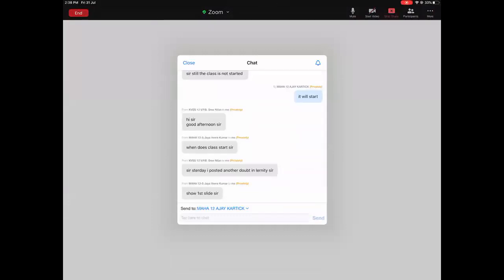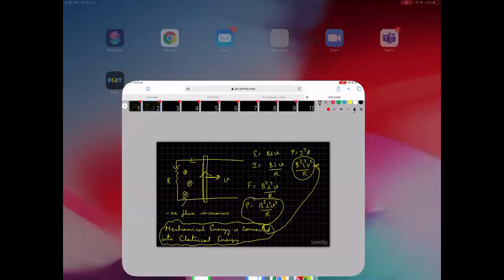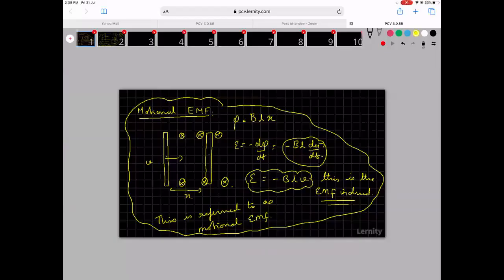Okay, I will see. Here, motional EMF is induced because of the motion of the conductor in a magnetic field. Yeah, is this understood?